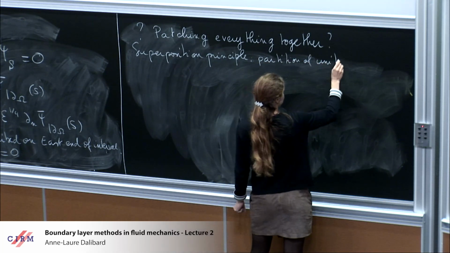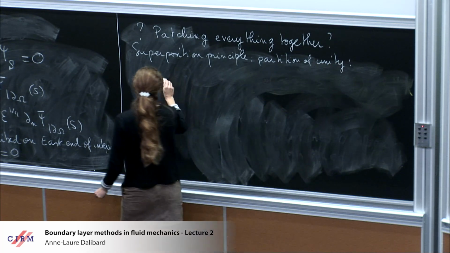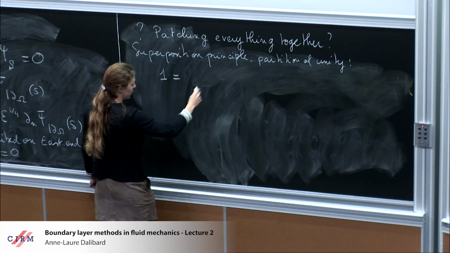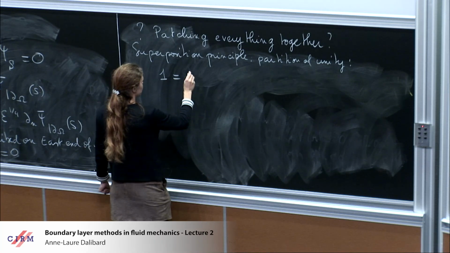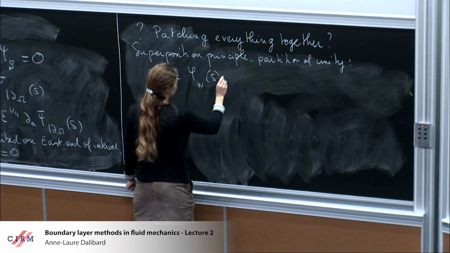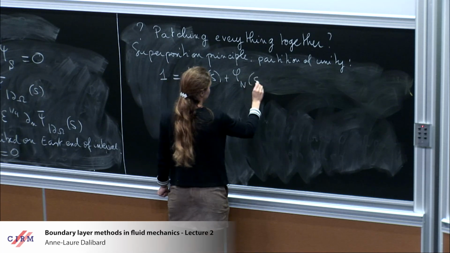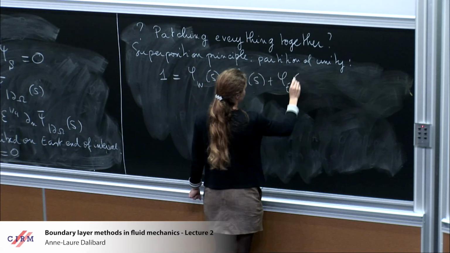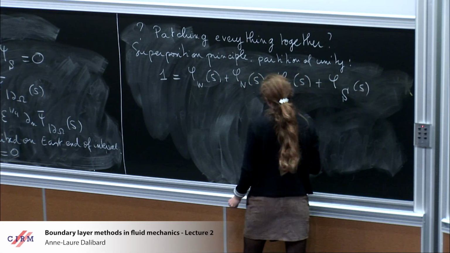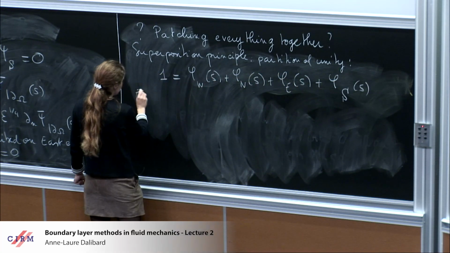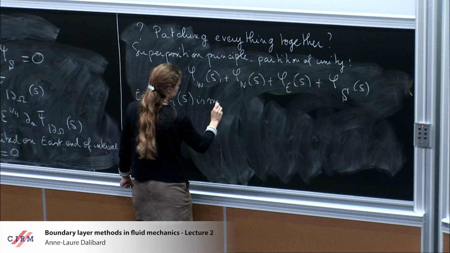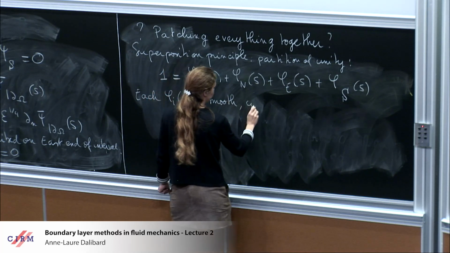So you write 1 as the sum of 4 smooth functions: phi W of s plus phi N of s plus phi E of s plus phi capital S of s. Each phi I of s is smooth, compactly supported.